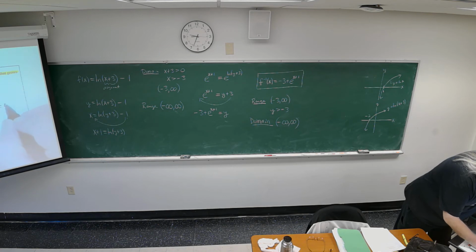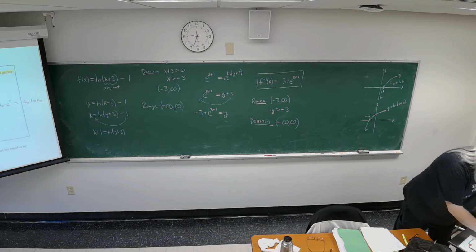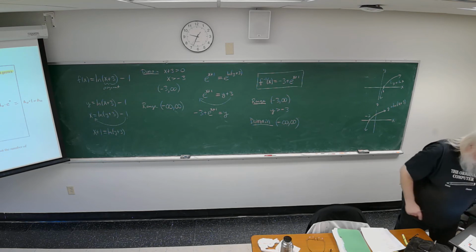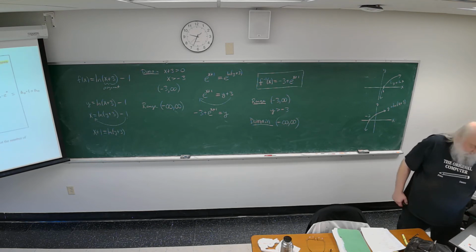So this is equal to A sub 0 times e to the 0, and e to the 0 is equal to 1. And A sub 0 times 1 is equal to A sub 0. That's how we got this, that A of 0, the amount at time t equals 0, is equal to A sub 0, which is called the initial amount or initial population.